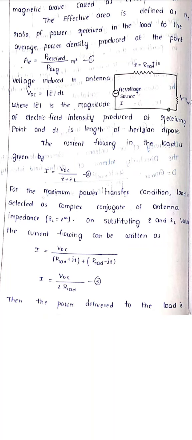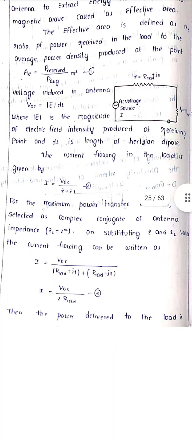The current flowing in the load is the voltage V_OC divided by the sum of the resistances. Because these two resistances are in series, they should be summed.